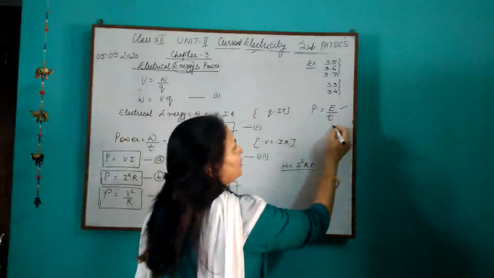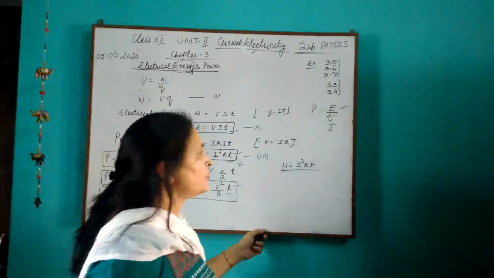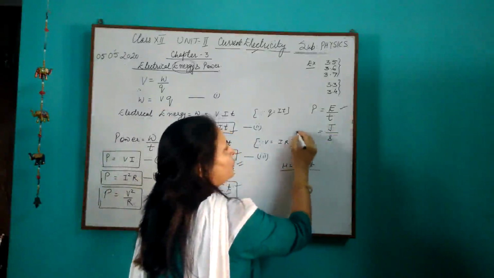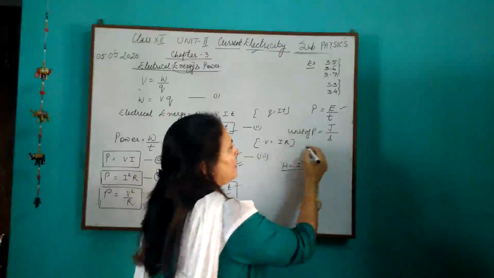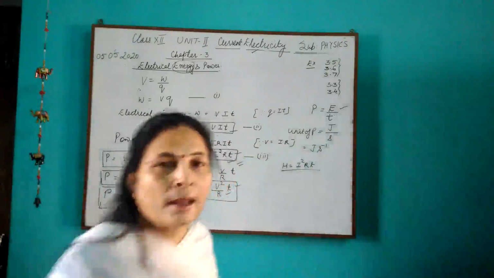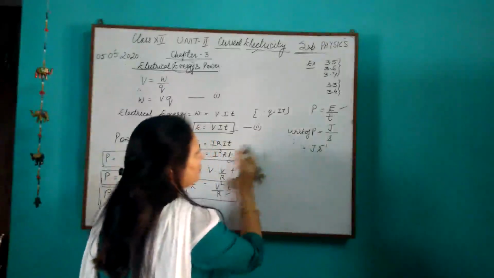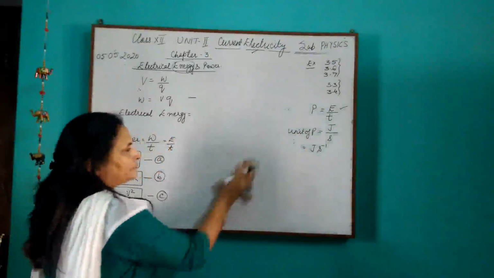See, energy we generally calculate in terms of joule, and time in seconds. So the unit of power is joule per second, and this is known as watt in honor of a scientist.